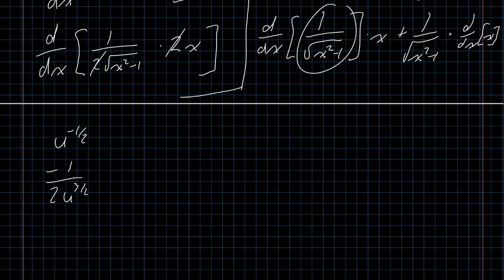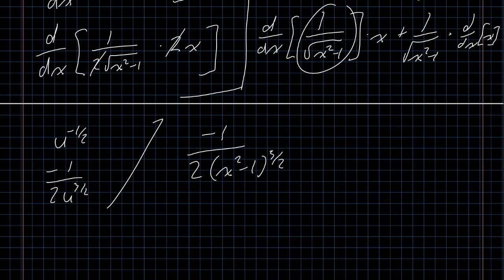All told, we're going to say that that's going to be negative 1 over 2 times x squared minus 1 to the 3/2 power times the derivative of x squared minus 1, which is 2x, times the x that's already there, plus 1 over the square root of x squared minus 1.